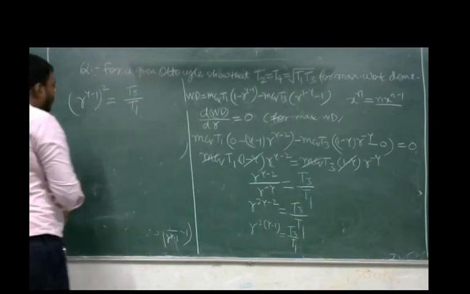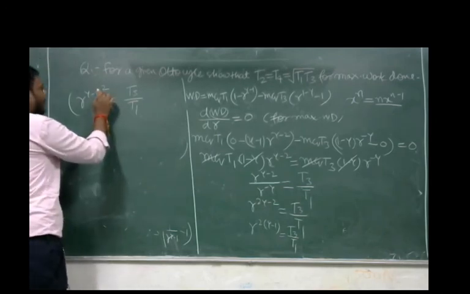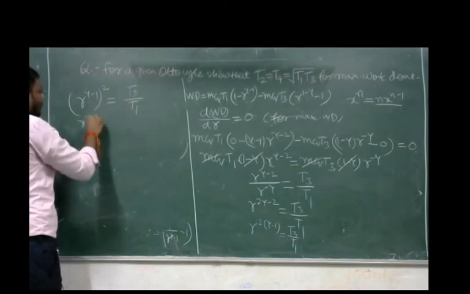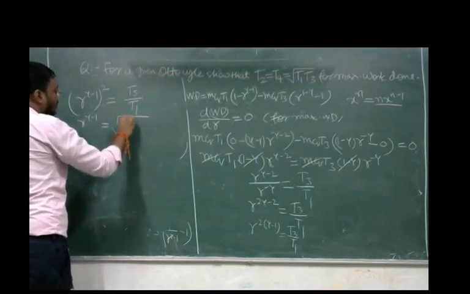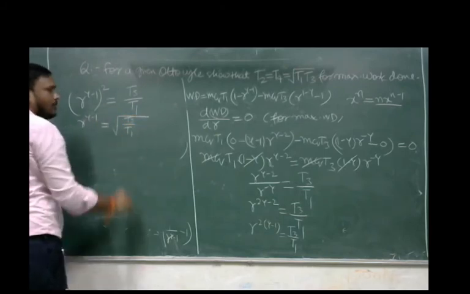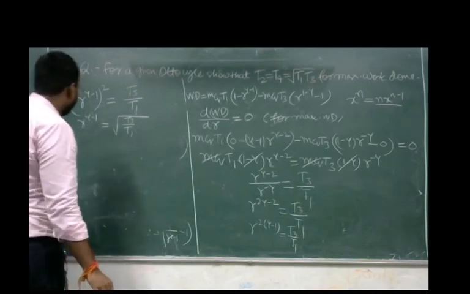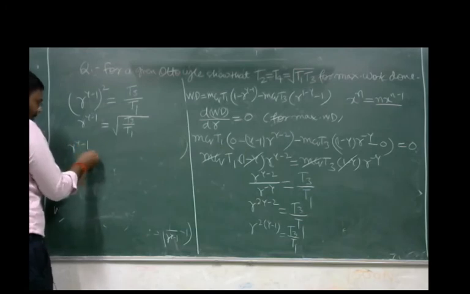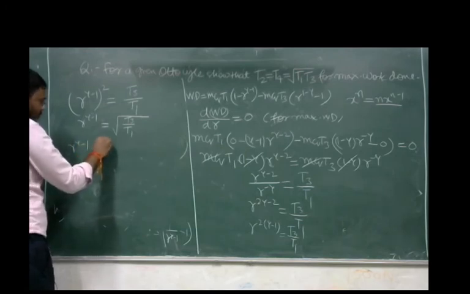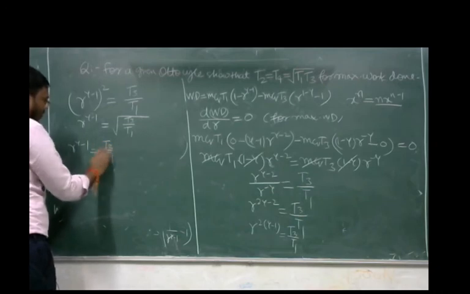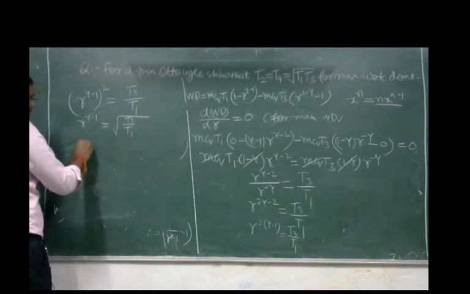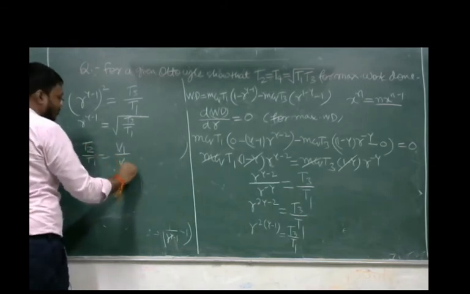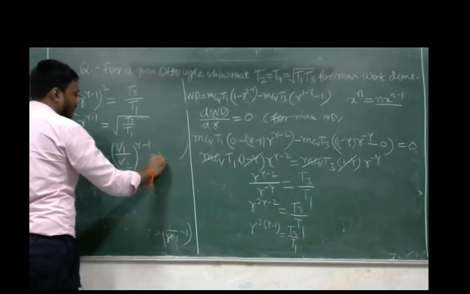And transfer this power to the right hand side, so we will get R to power gamma minus 1 equal to under root T3 by T1. And we know very well that R to power gamma minus 1 equals T2 by T1, because we have just discussed that T2 by T1 equal to V1 by V2 to the power gamma minus 1, which is equal to R to power gamma minus 1.